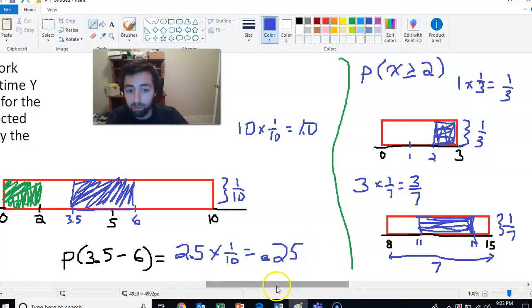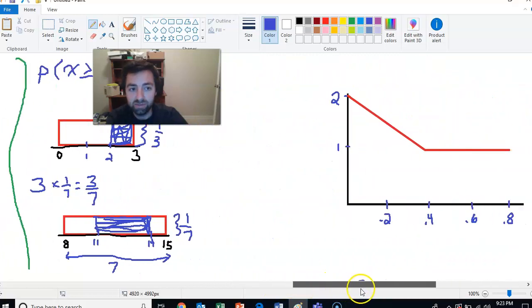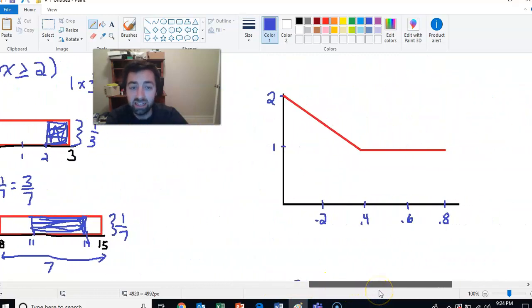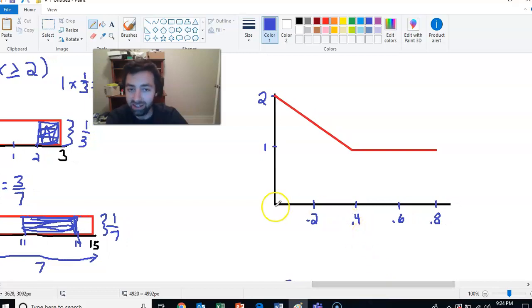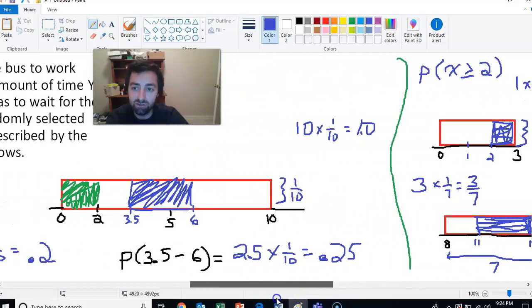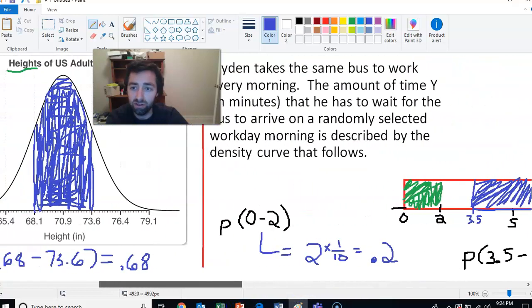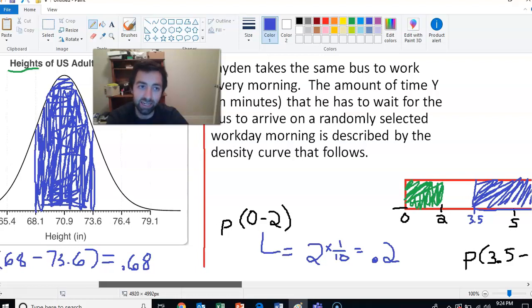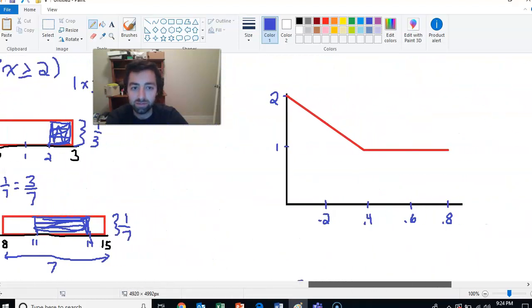Now, bonus opportunity. Here we have a slightly odd probability density curve. It's not these rectangles that we've been dealing with, and it's also not this bell curve that you've seen with heights and grades and so on. It starts off high at 2, and then it declines till it gets to 1, and then it stays consistent throughout.